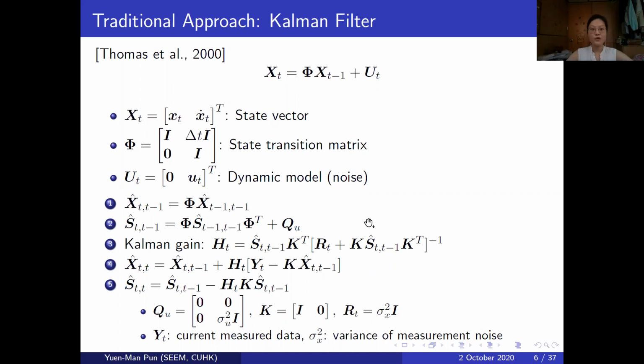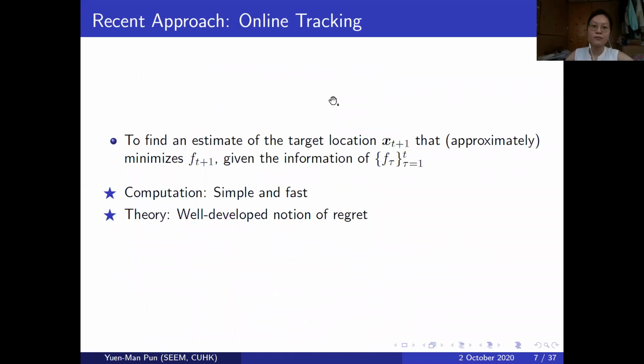But today our focus will be on a recent approach, online tracking. In an online framework, at each time we have a loss function that we would like to minimize, let's call it f_t. But at each time step t, we don't know f_t.